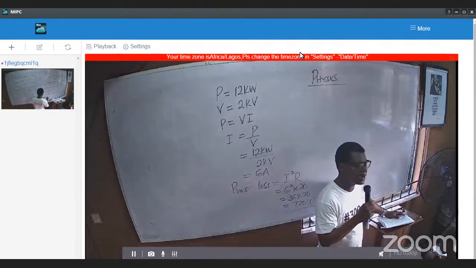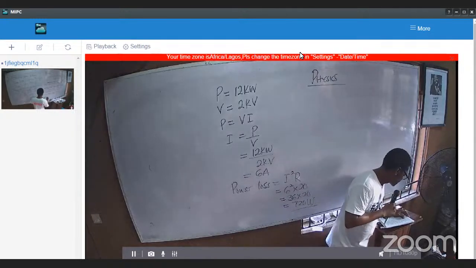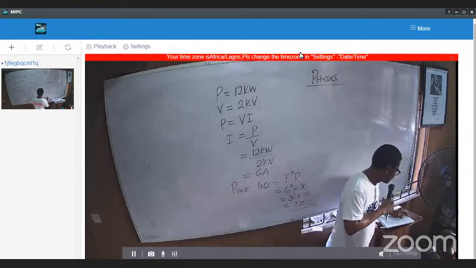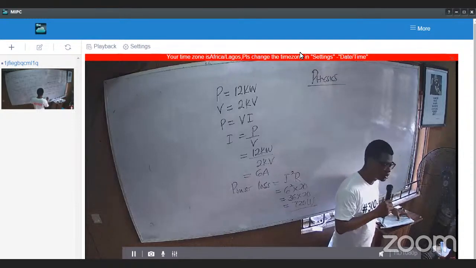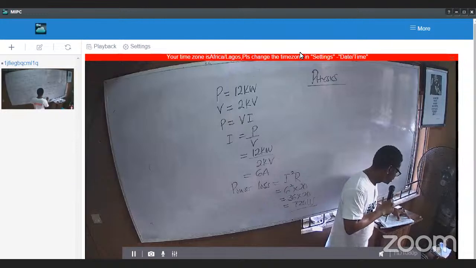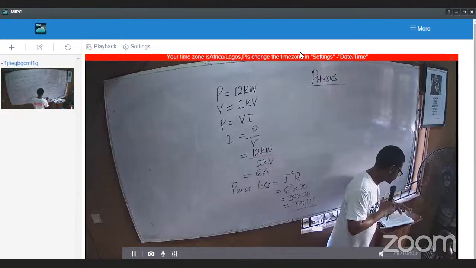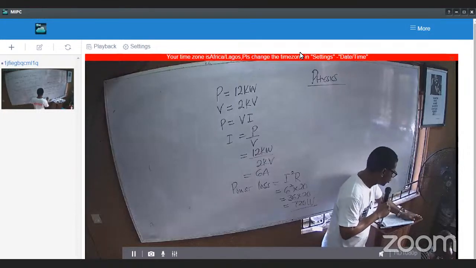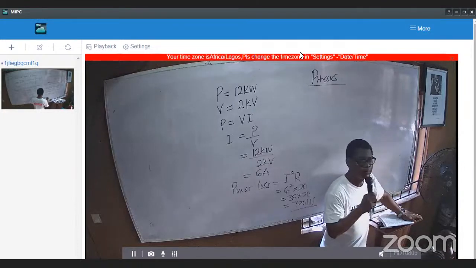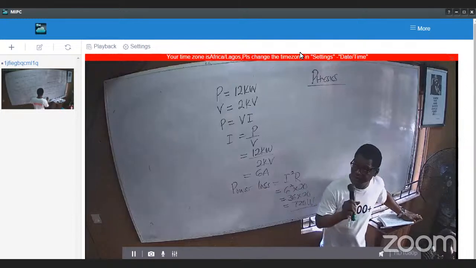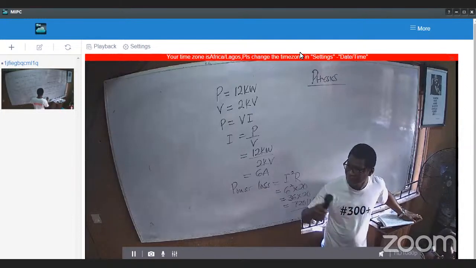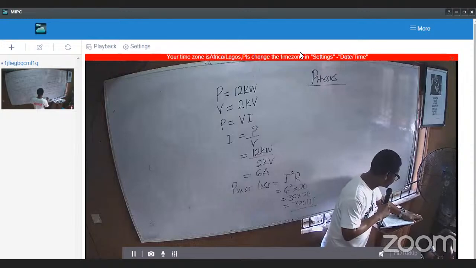Number 7. A lamp rated 400 watts, 240 volts is lit for 1 week.